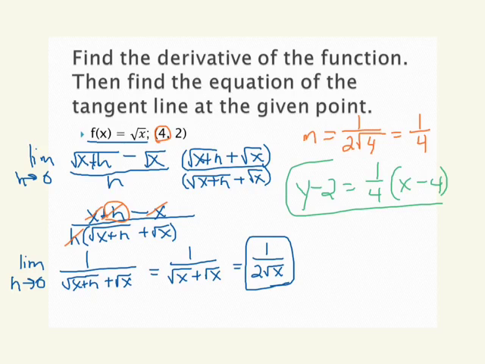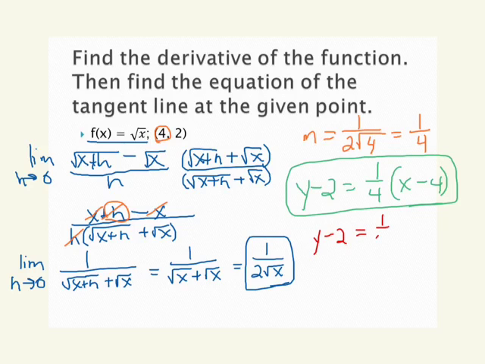Now I believe the answers in the back of your textbook are in slope-intercept form. So my hope is at this point you could convert that equation over pretty easily. But let's just walk through that here real quick. So if I wanted to convert that over into slope-intercept form, I'm just going to simply distribute the 1/4 through the equation.